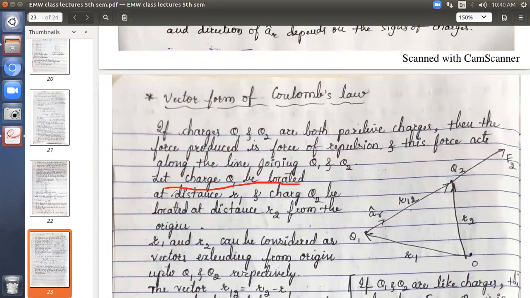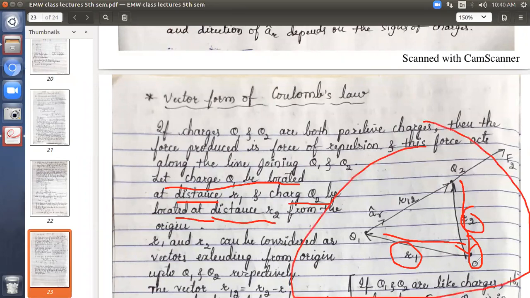Let Q1 be the charge located at a distance R1 from the origin, and let the charge Q2 be located at a distance R2 from the origin. These two are the distances R1 and R2. R1 and R2 are the position vectors, which give you the distance between the charge and the origin. So this is the considered figure.